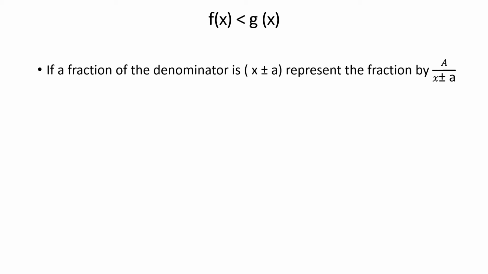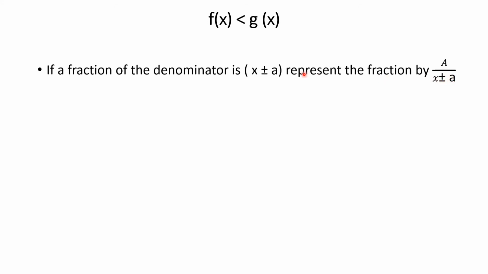If a fraction of the denominator is x plus or minus a, that means x plus a or x minus a, represent the fraction by a over x plus or minus a. This is the method. What do we mean?